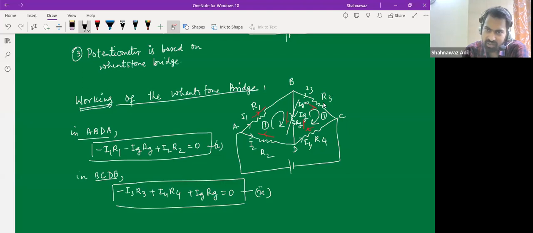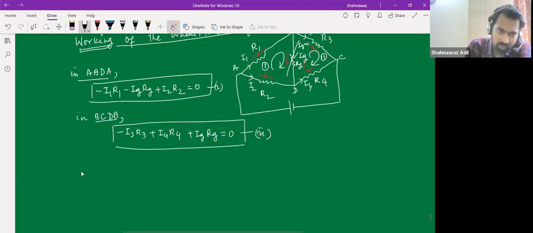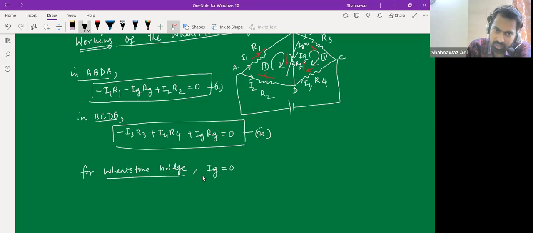We set the resistance of this node such that the current in this loop becomes zero. So whenever we make the current in this direction equal to zero, in the galvanometer we set all the resistances so that this current becomes zero.